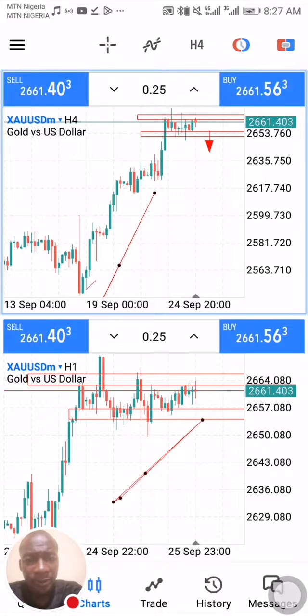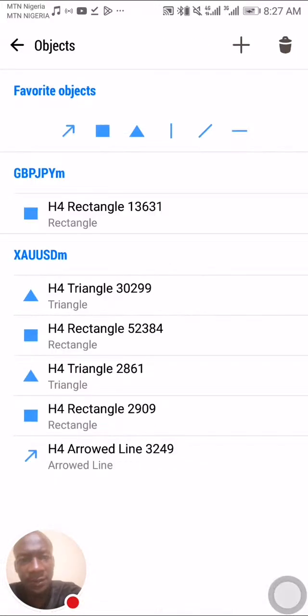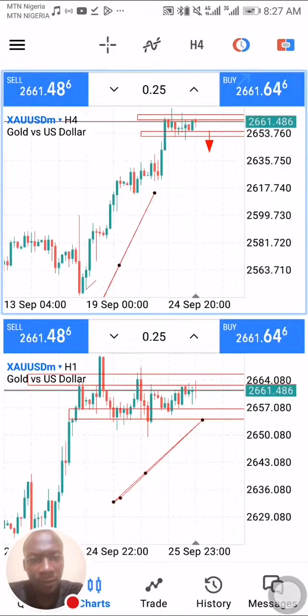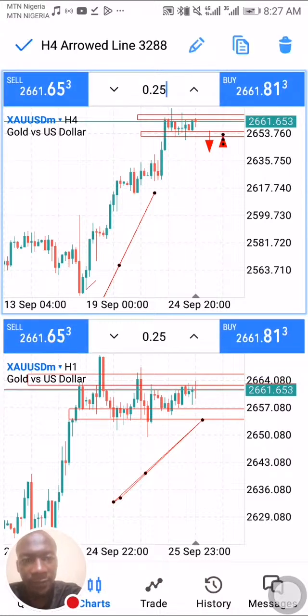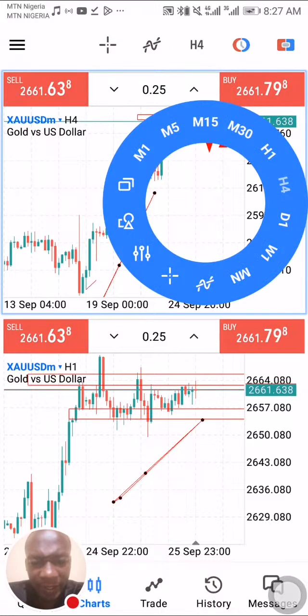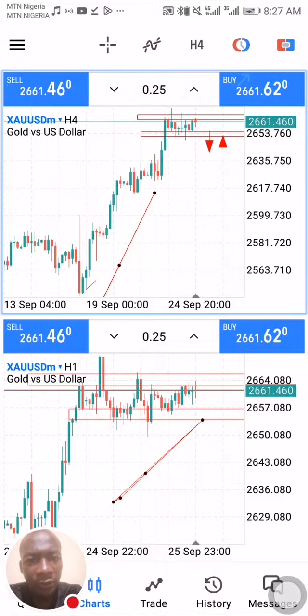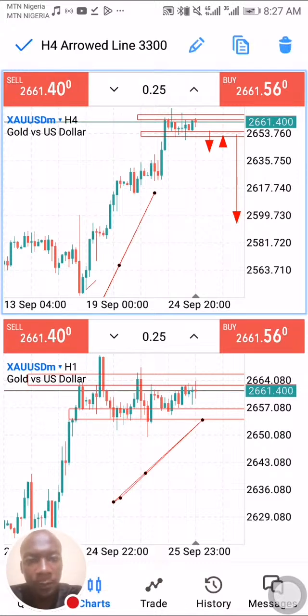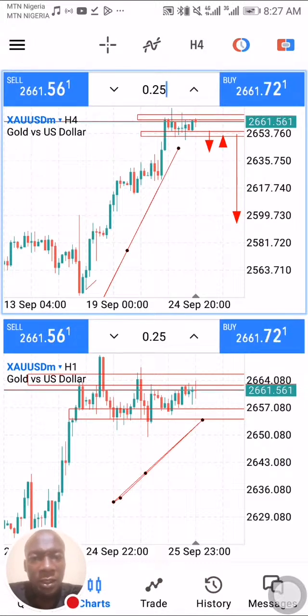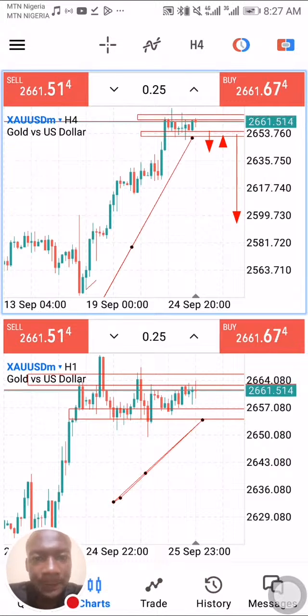So we want a clean break, a retest of that level, then only then can we enter the market for a continuation down. So this is what we anticipate the market to do.